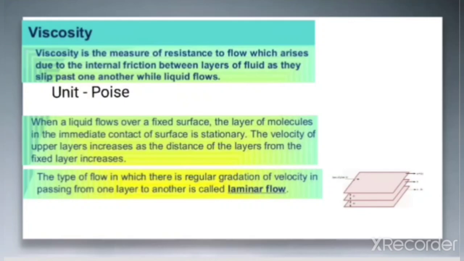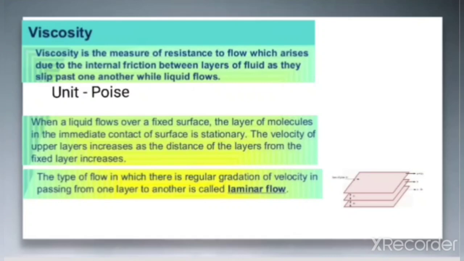The type of flow in which there is a regular gradation of velocity in passing from one layer to another is called laminar flow. As shown here, the liquid has certain layers.